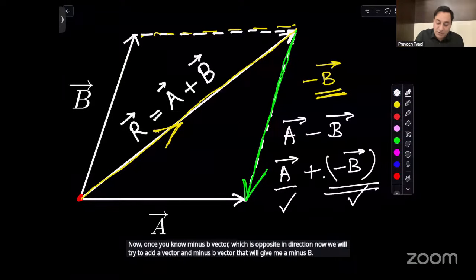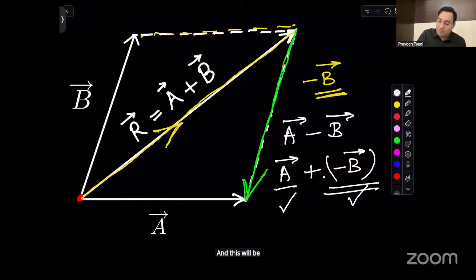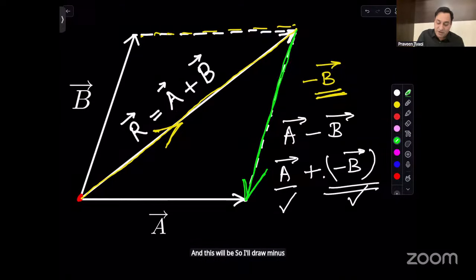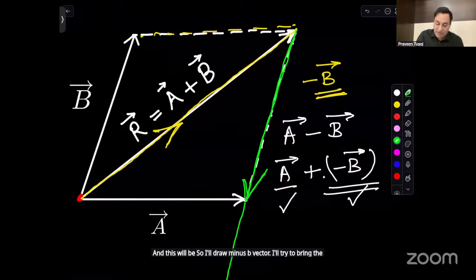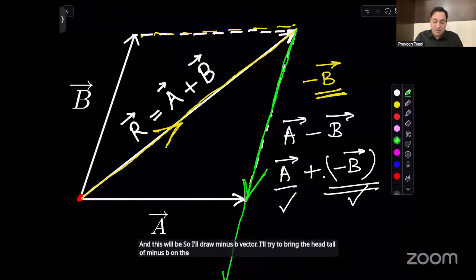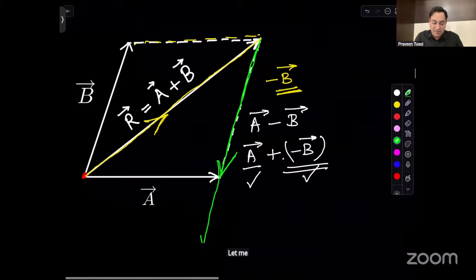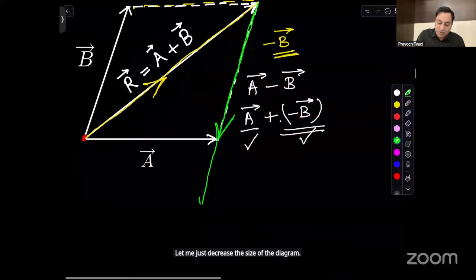So I'll draw the minus B vector. I'll bring the tail of minus B onto the head of A. Let me just decrease the size of the diagram. So this minus B vector will be like this.